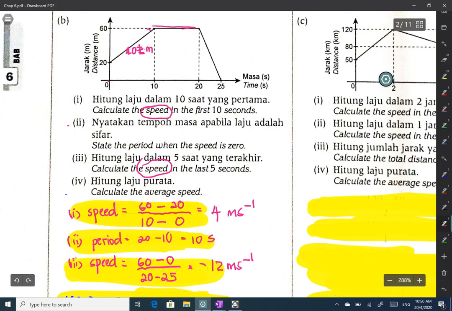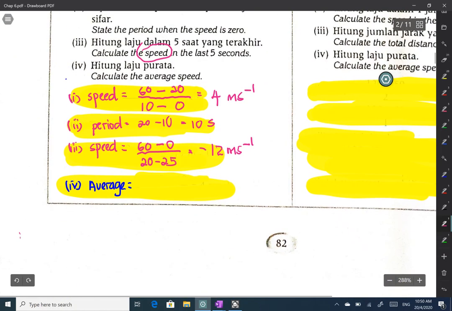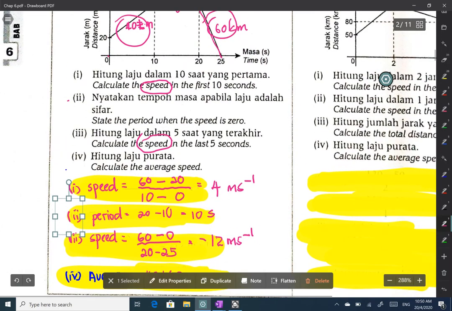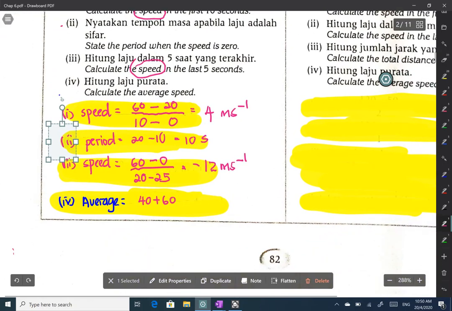This one has no movement, 0. This one, 60 to 0, so 60 meter. So the total distance is 40 plus 60. Total time is 25. So you will get 4 m s negative 1.